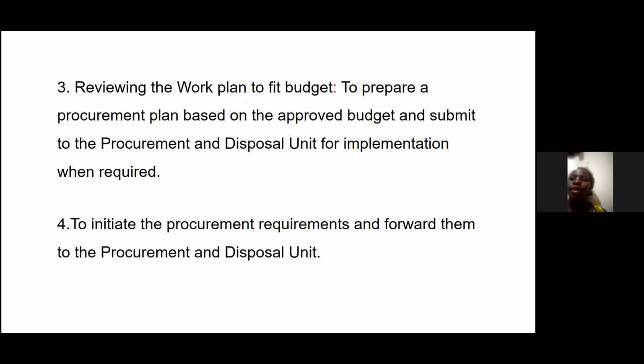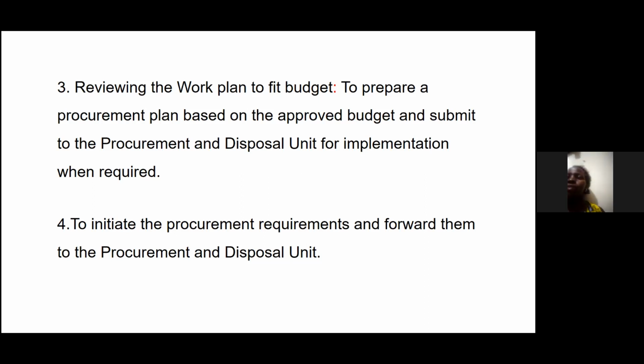This is done by the user department because when procurement planning is based on an approved budget, it will help to determine what you can and cannot do at an early stage in terms of affordability.